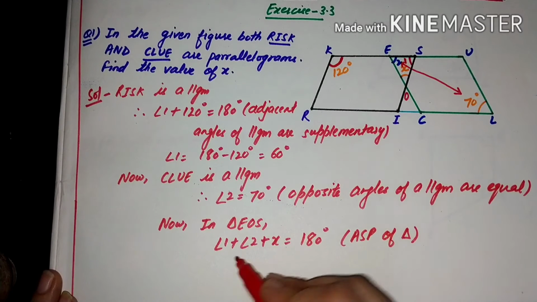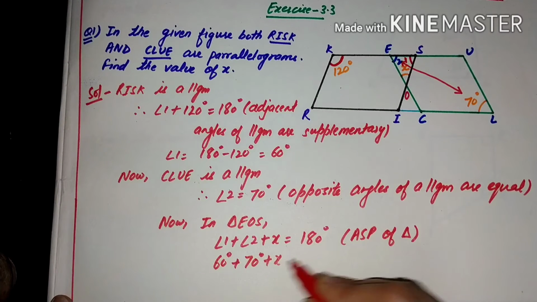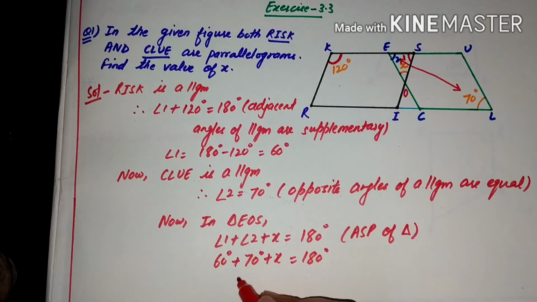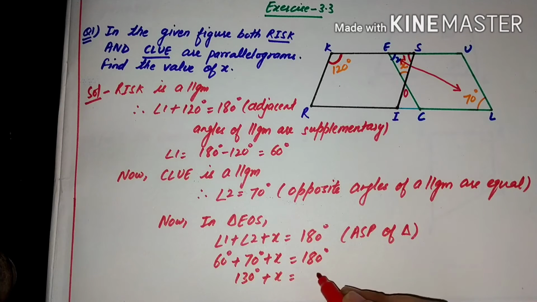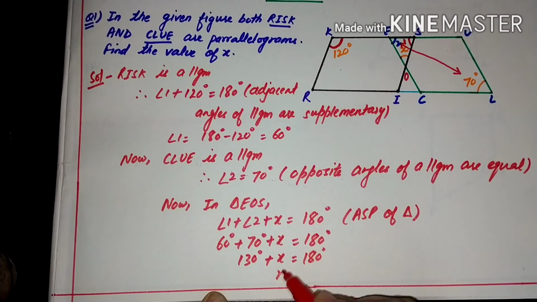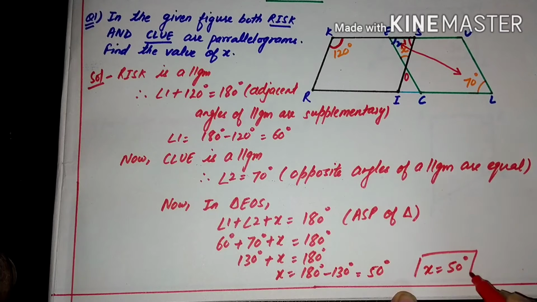So angle 1 here is 60 degree, angle 2 is 70 degree, plus x, that should be equal to 180 degree. So 130 degree plus x is equal to 180 degree. So the value of x would be 180 degree minus 130 degree, that is equal to 50 degree. So we have got the value of x, that is 50 degree.